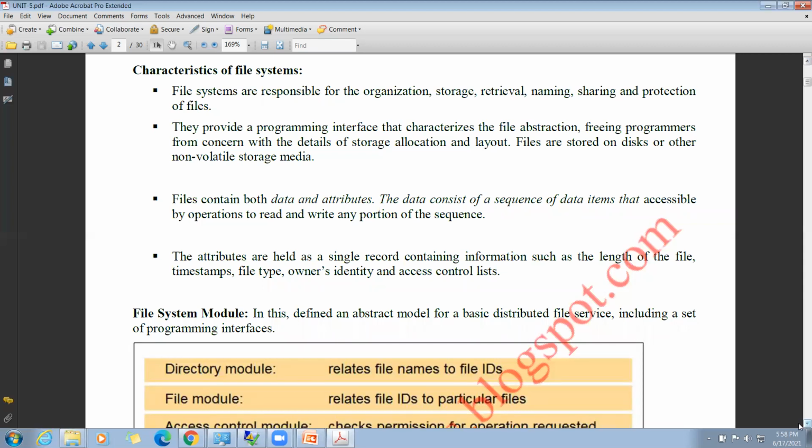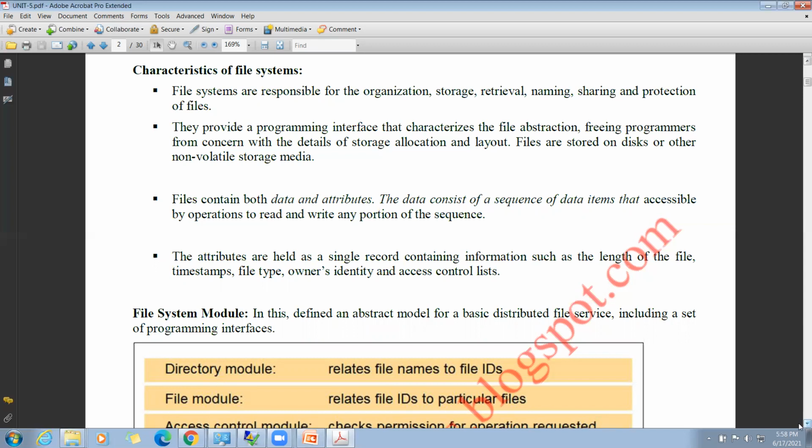Second, they provide a programming interface that characterizes abstraction, freeing the programmers from concern with the details of storage allocation. So the first point is creation of a file and organization of a file, storage of a file, naming a file, sharing a file, and protection of files.